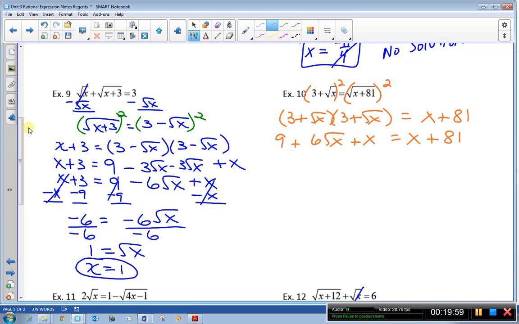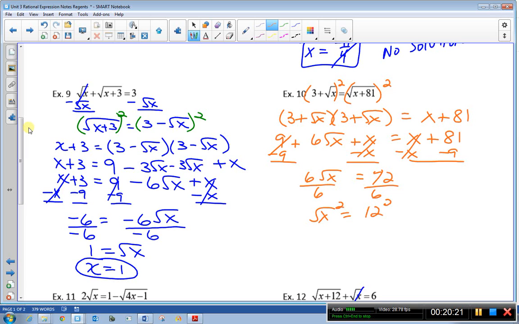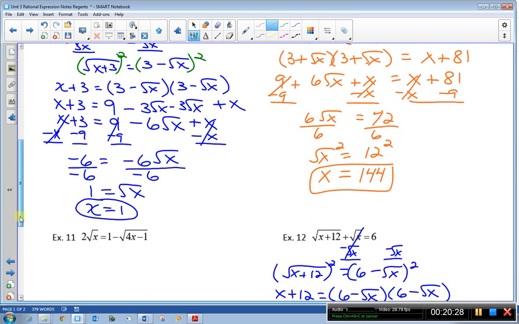And then I'm going to subtract x and subtract 9. So I get 6 radical x equals 81 minus 9, which is 72. And if you divide by 6, you get radical x is equal to 12. Square both sides, x is equal to 144. And it does check.